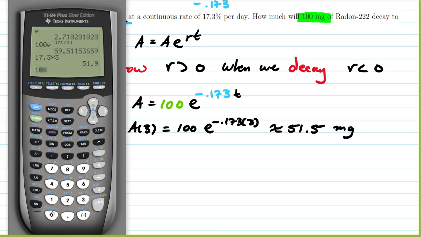If we do 100 minus 51.9, we get an incorrect answer of 48.1. That would be an example of linear decay, which is the same as simple interest, right? Not the continuously compounded. So we need to be careful when we're working these types of problems to not fall back on our linear reasoning, because it will not work.